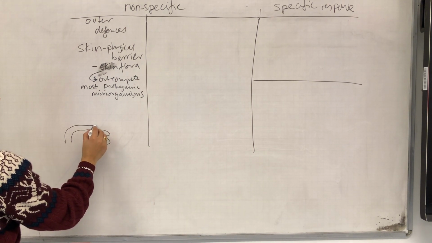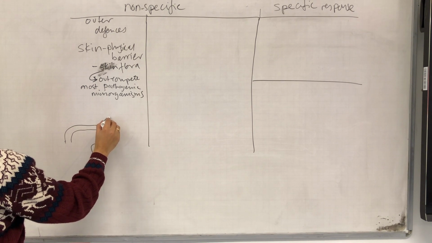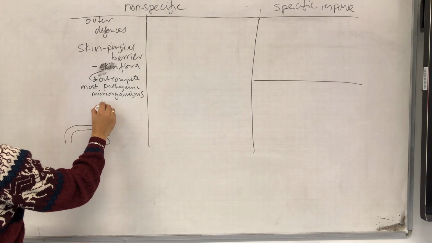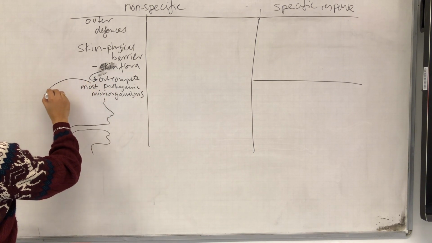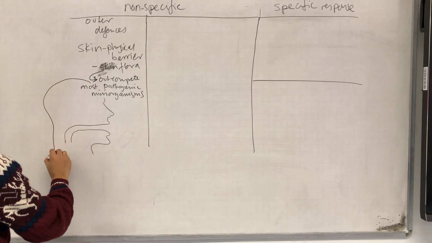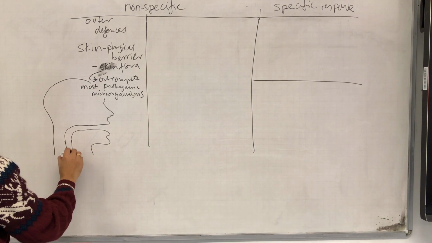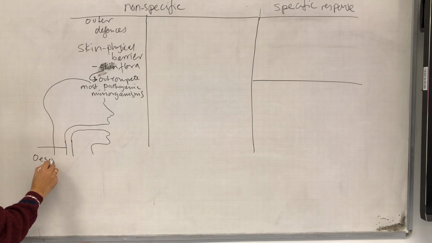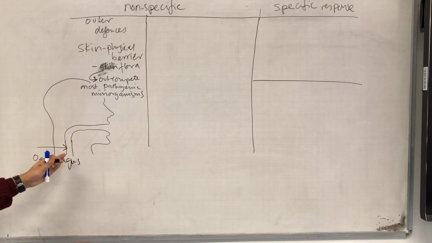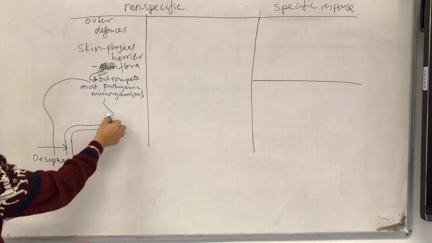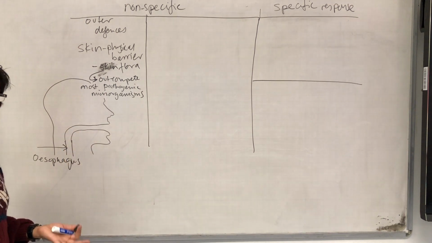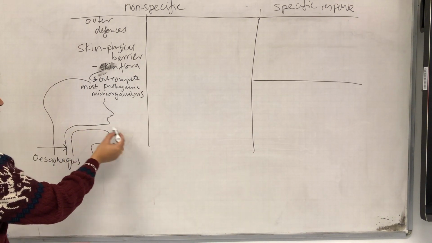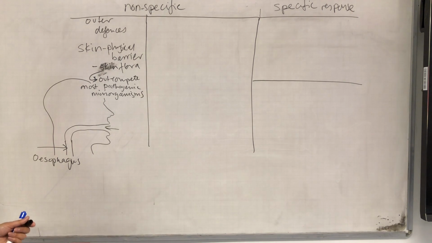Wait a minute, I don't want to get this wrong. If we think of this as the esophagus right there, that's the entry into the digestive system. You can see how it's continuous with the outside of the body. So in many ways, it's another entry point for pathogens.